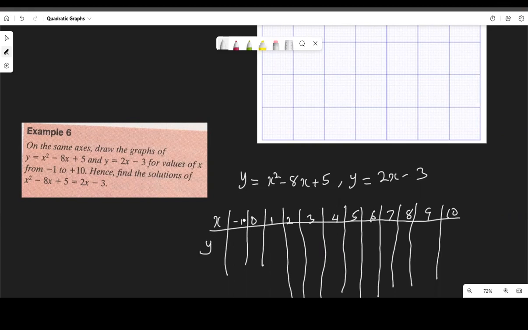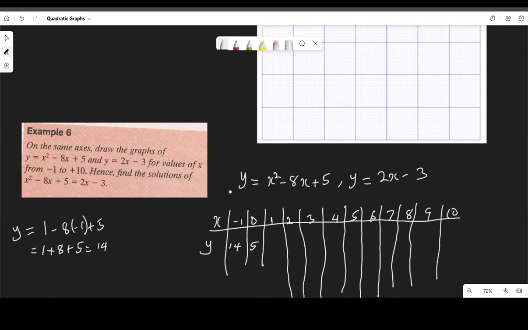When x is -1, by putting -1 there, y becomes -1 squared, which is 1, minus 8 times -1, plus 5, which is 1 plus 8 plus 5. 1 plus 8 is 9, 9 plus 5 is 14. So here we have 14. When x is 0, this will be 0, this will be 0, y will be 5.